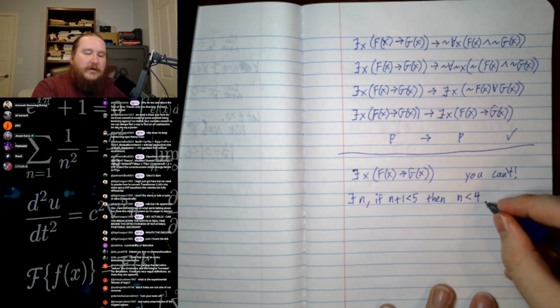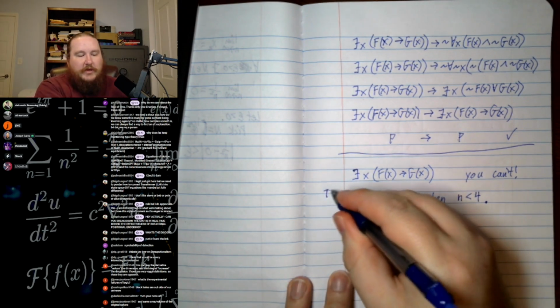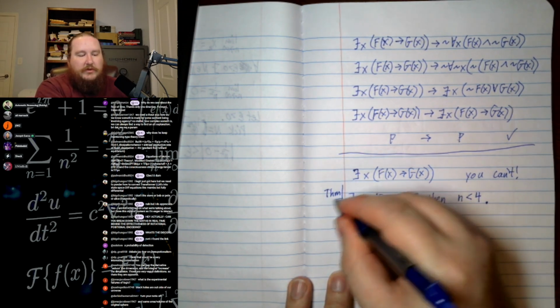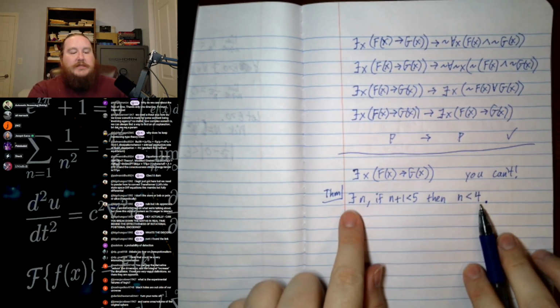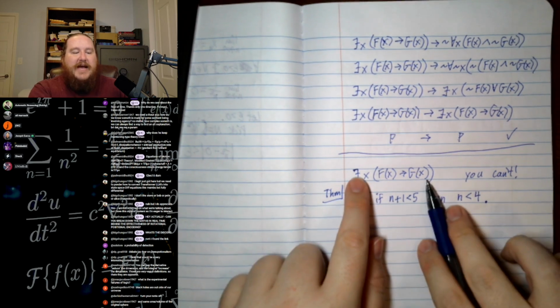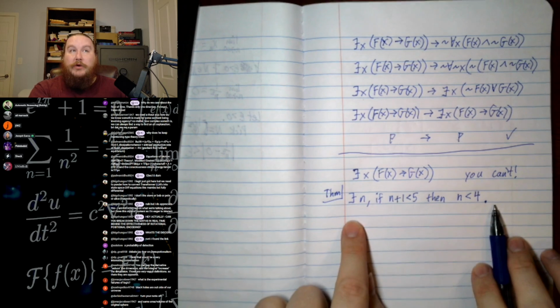Is this a theorem? Is that true of natural numbers? Yeah, it is. So this can be proven, and it's exactly this form. It's this statement, and it's true.